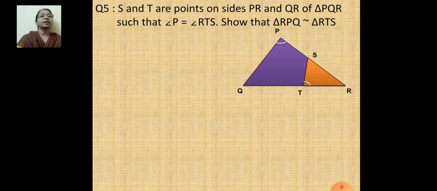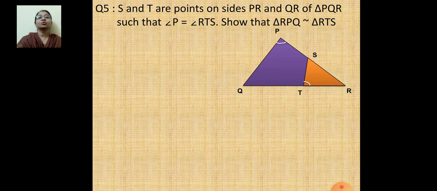Show that triangle RPQ, which is the bigger triangle, is similar to triangle RTS, the smaller one, which is shown by orange color. So how to do this? Very simple. One pair of angles is already given equal, and angle R is common in both the triangles. So therefore these two triangles are similar by angle criteria.